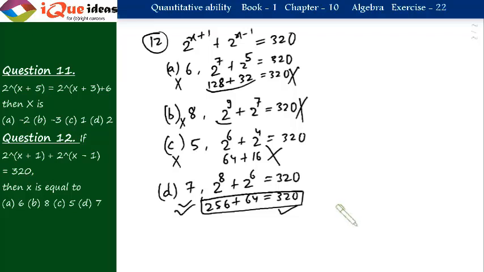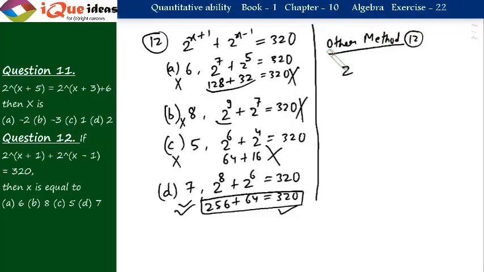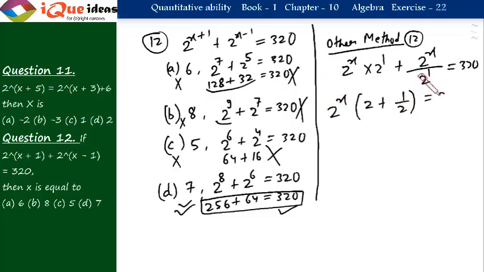Alright. And obviously there must be some other method also for this question. The other method for the same question would look like this. 2 raised to x into 2 raised to 1 plus 2 raised to the power x divided by 2 raised to 1, that is equal to 320. So you take 2 raised to x common, you will get 2 plus 1 by 2, that is 320.